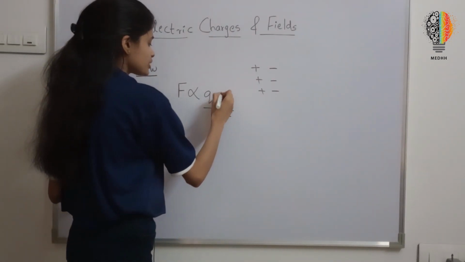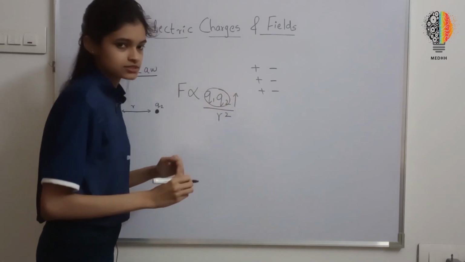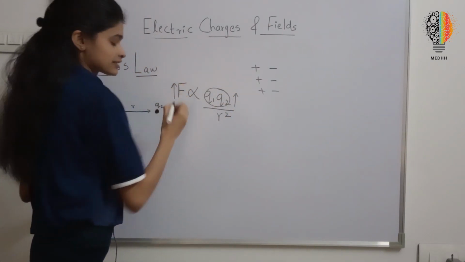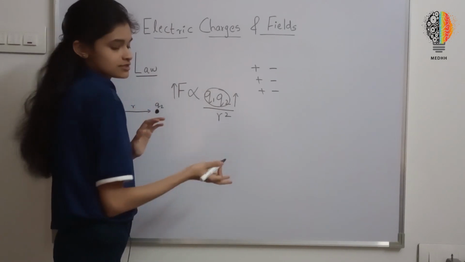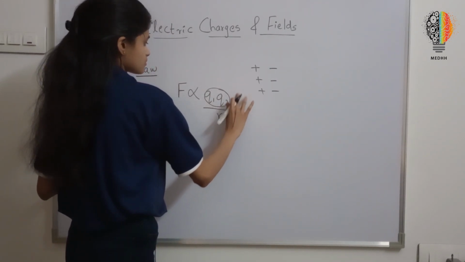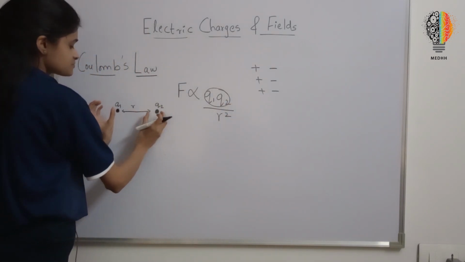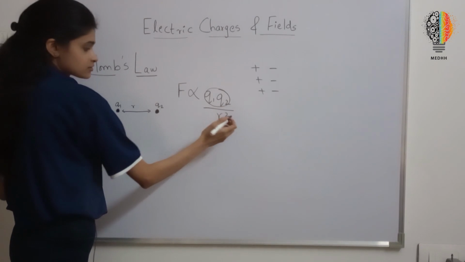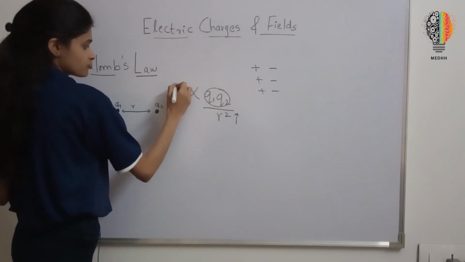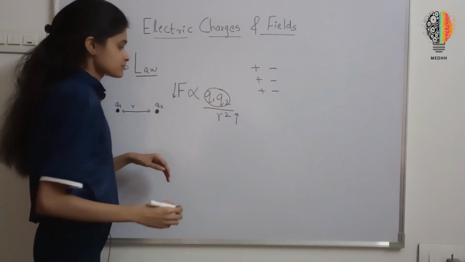That is, if you increase the magnitude of the charges, the force will also increase, and vice versa. If you increase the distance between them, the force will decrease, and vice versa.